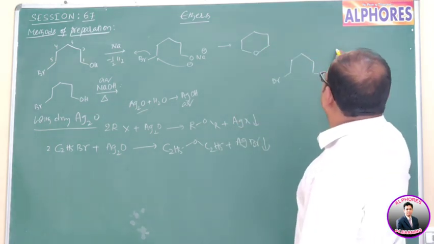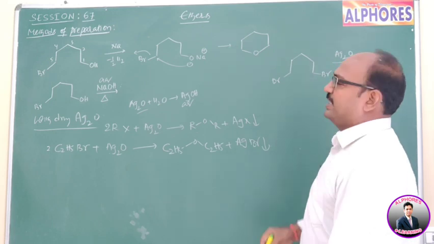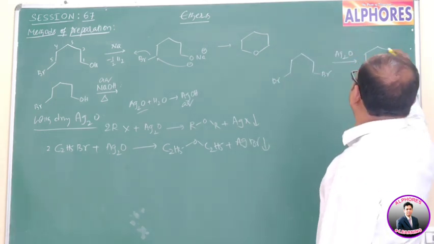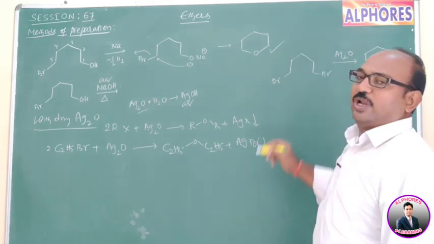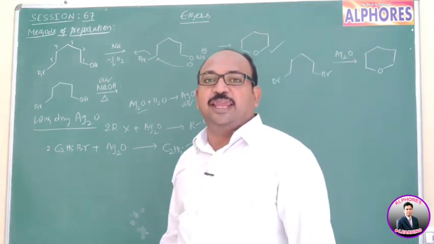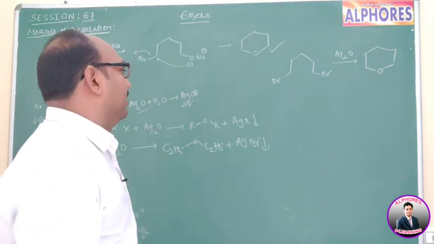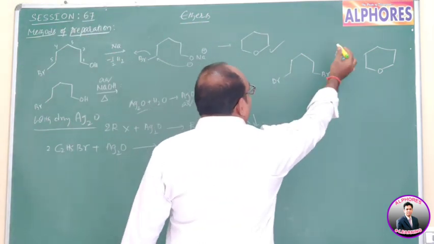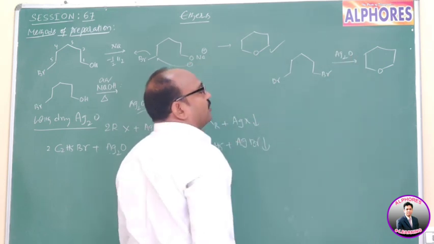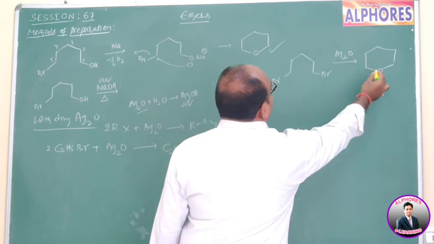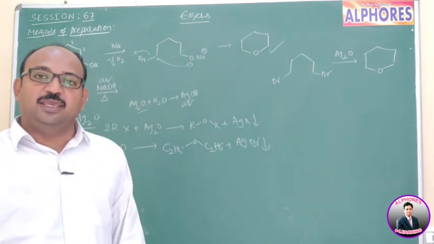This one upon treatment with dry silver oxide gives the same product as earlier, oxacyclohexane. So when we treat with dry silver oxide, dihaloalkanes also give cyclic ethers.